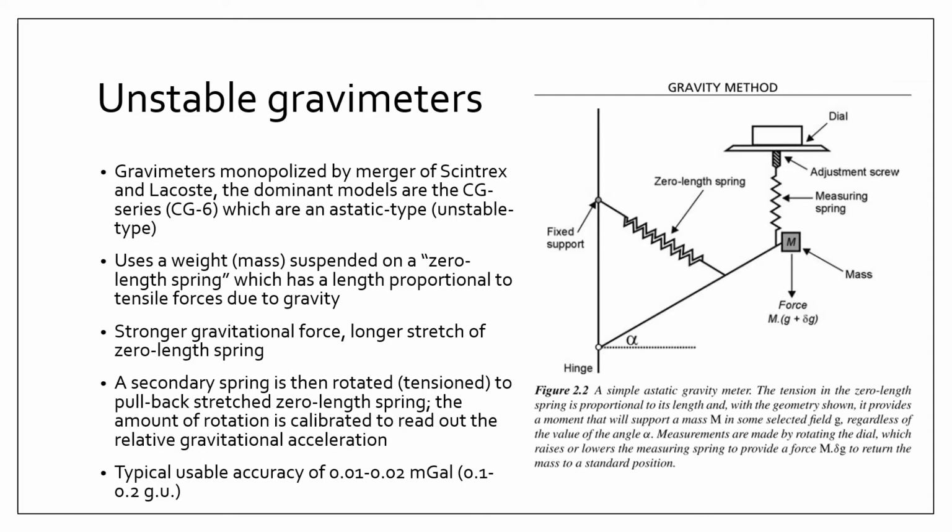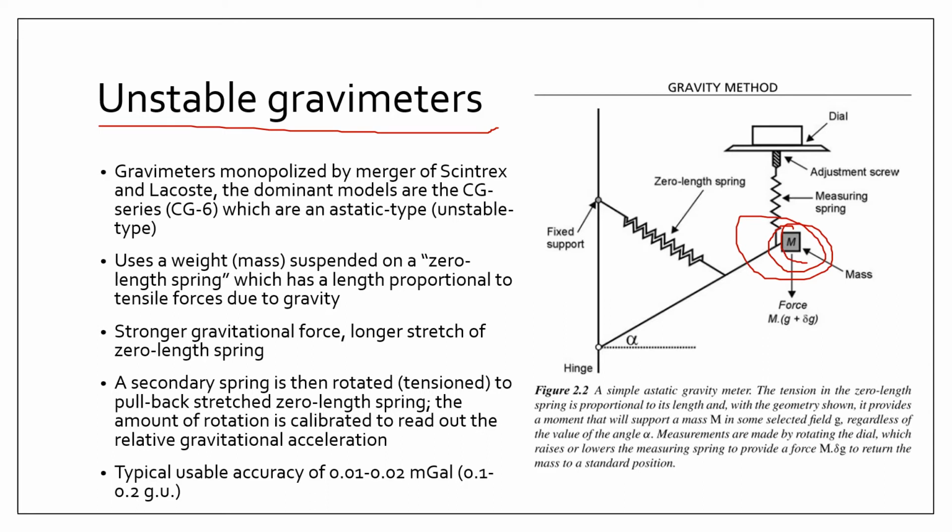There are many types of gravimeters, but at the moment, due to the monopoly of the equipment, the only relevant equipment right now is the unstable type of gravimeter. Okay, so these are called unstable or astatic, right? And they are called so because they have a weight that is supported by a spring.